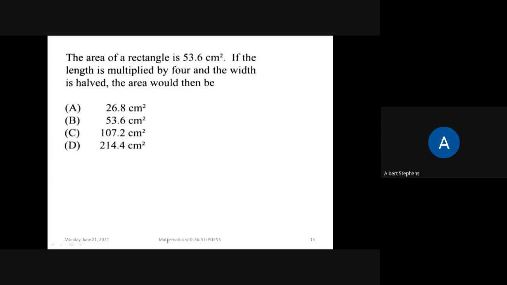All right, any thoughts? Or you're thoughtless? Or if you were to guess, what would you guess? Anybody? 26.8, sir. All right.